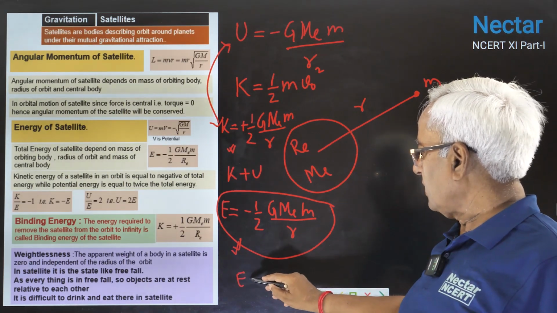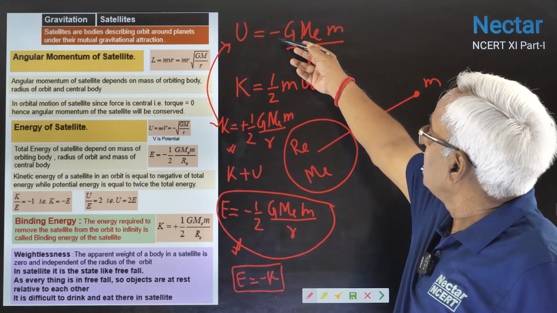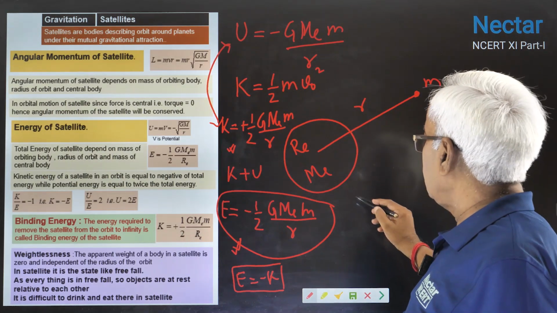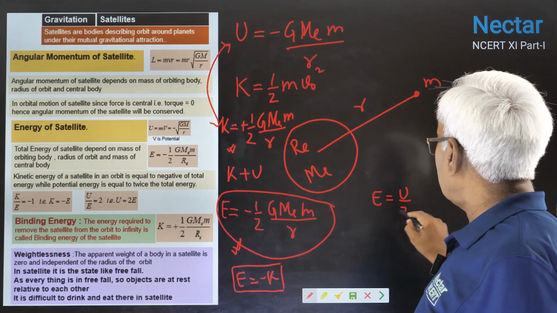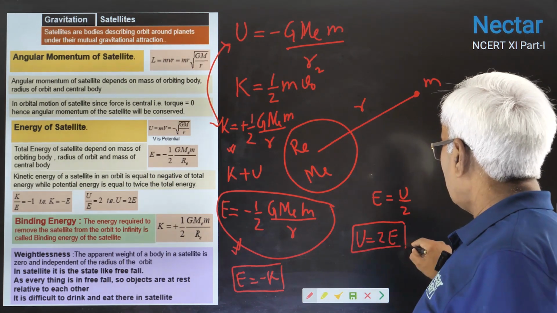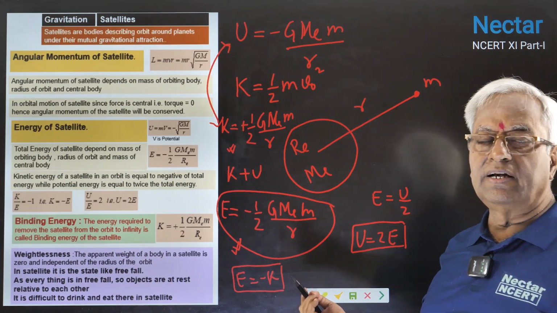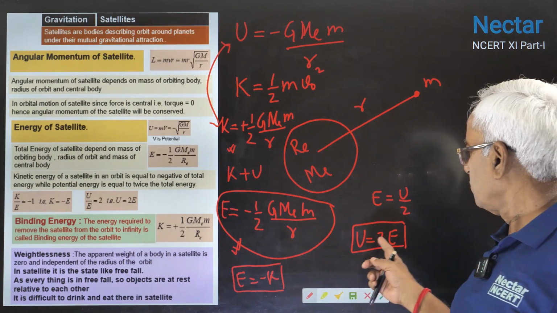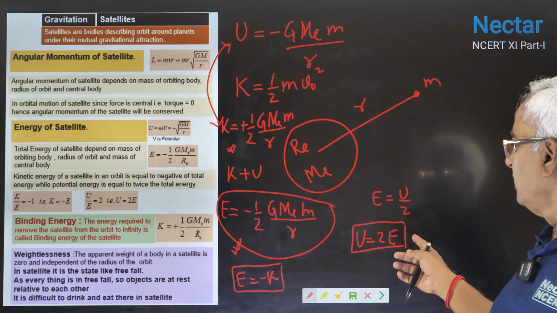You might say E is equal to minus K. At the same time, potential energy could be said as 2 times total energy, or even you can say E is equal to U upon 2. In terms of total energy, you could say total energy is equal and opposite to kinetic. Total energy is half times that of potential energy.